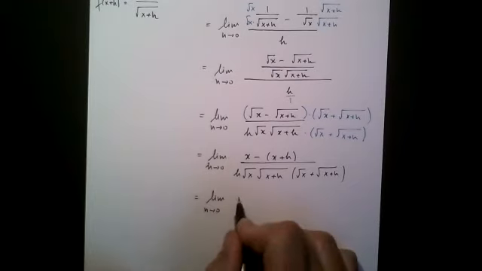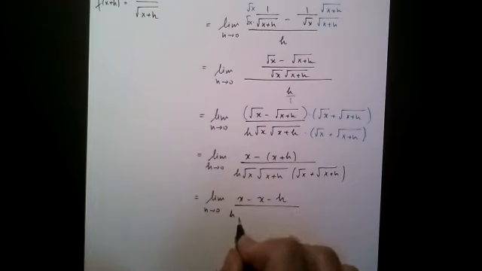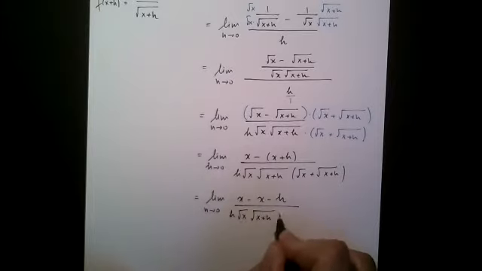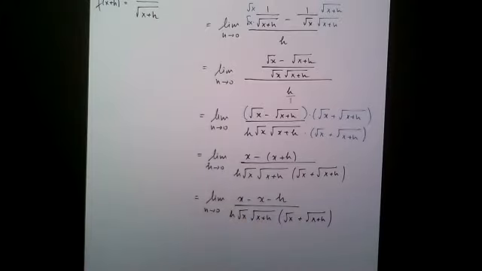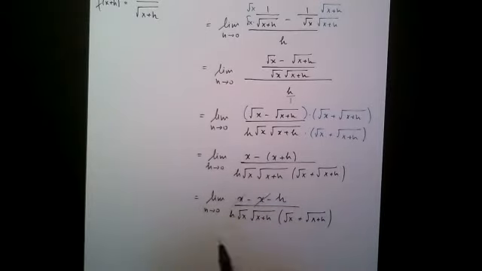Limit h approaches 0. So on top, I have x minus h, and on the bottom, h root x plus h, root x plus h. Okay. Cross out the x's, and then eventually I will cross out the h's as well. And so I will have the limit h approaches 0, negative h over h root x plus h, root x plus h.